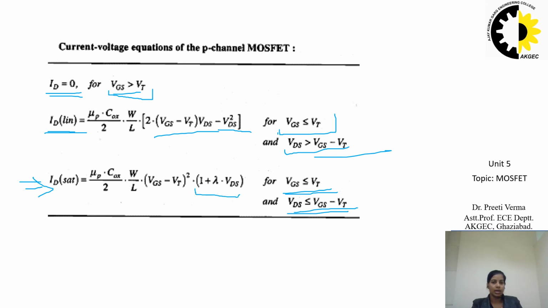So this term again here is defining channel length modulation. If channel length modulation is not there, then this term will become 0 because lambda will be 0 if there is no channel length modulation.